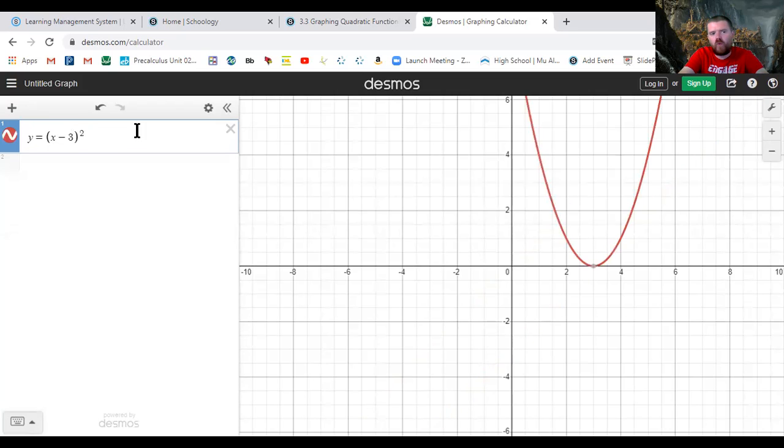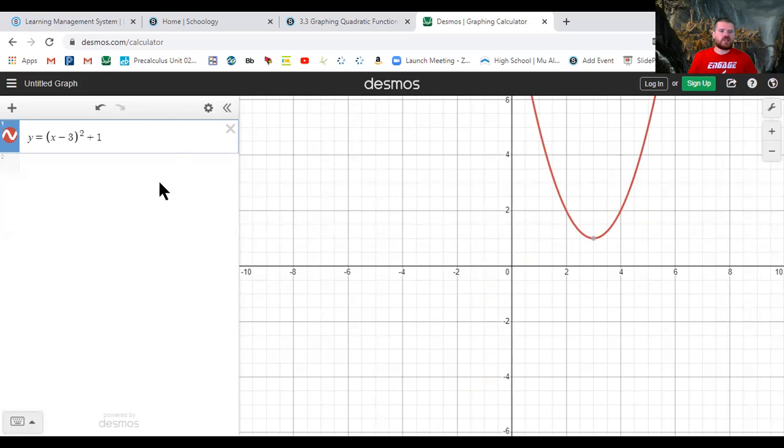So remember that if you have one set of parentheticals, that's typically going to be vertex form. So you have a couple questions on this assignment for 3.3 that will just ask you to simply say, okay, here's an equation, y equals x minus 3, quantity squared plus 1, what's the vertex? So for your assignment, all I'm asking you to do is tell me the vertex, which would be 3, 1, because your vertex is h, k.